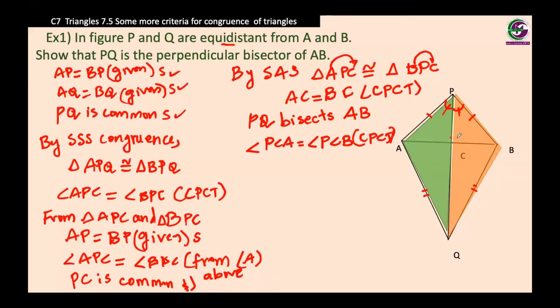At a point, if two angles are equal, which means each one of them will be 90 degrees. So we can say, therefore, angle APC is equal to 90 degrees, because at a point, if two angles are equal, then they are 90 degrees each.